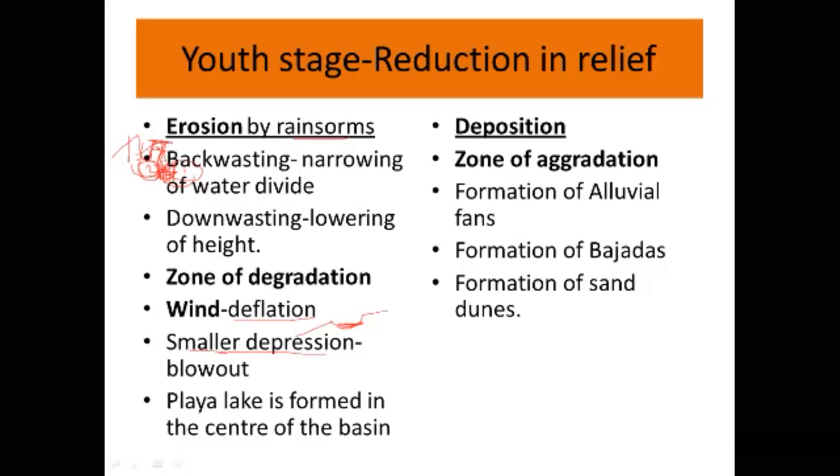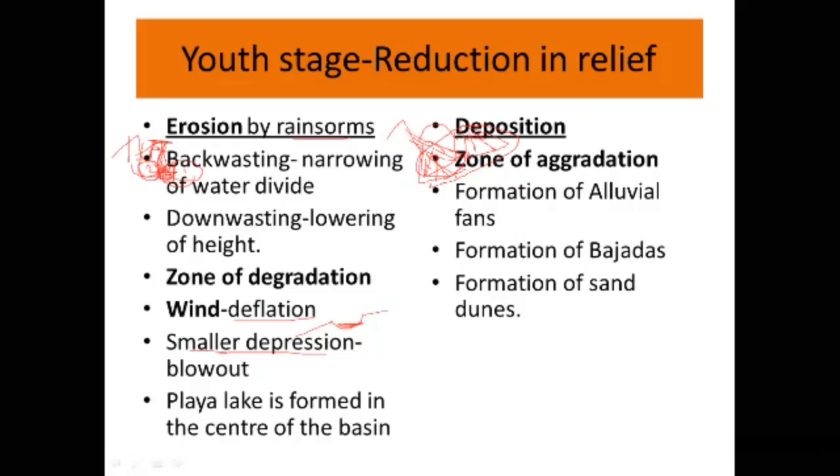The eroded material from the hills is sedimented at the foothills of the mountain, and this triangular-shaped sediment is called an alluvial fan. Many alluvial fans join together and form bajadas.